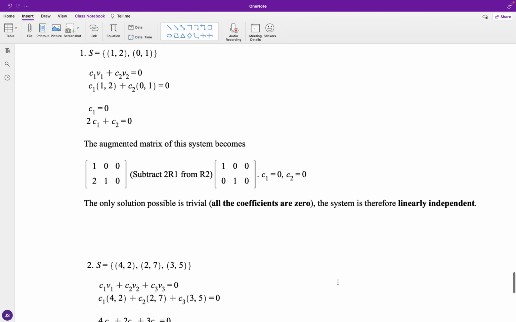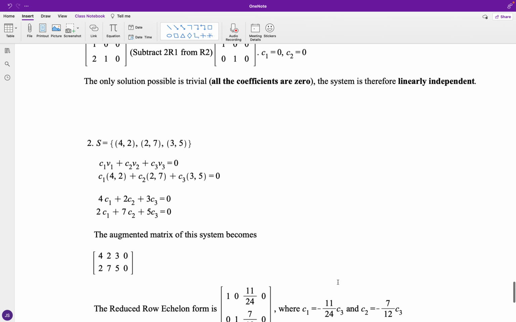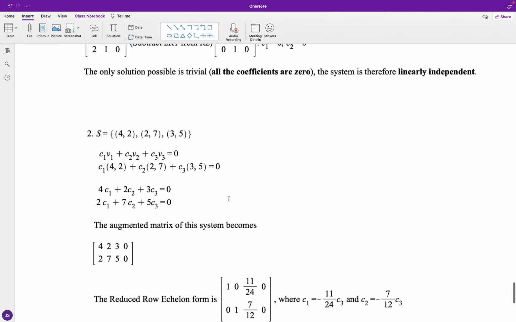Now, let's say S consists of (4, 2), (2, 7), (3, 5). With this combination, we have c1v1 plus c2v2 plus c3v3 equal to 0, and substituting the numbers for v1, v2, and v3, we get the system of equations: 4c1 plus 2c2 plus 3c3 equal to 0, and 2c1 plus 7c2 plus 5c3 equal to 0.